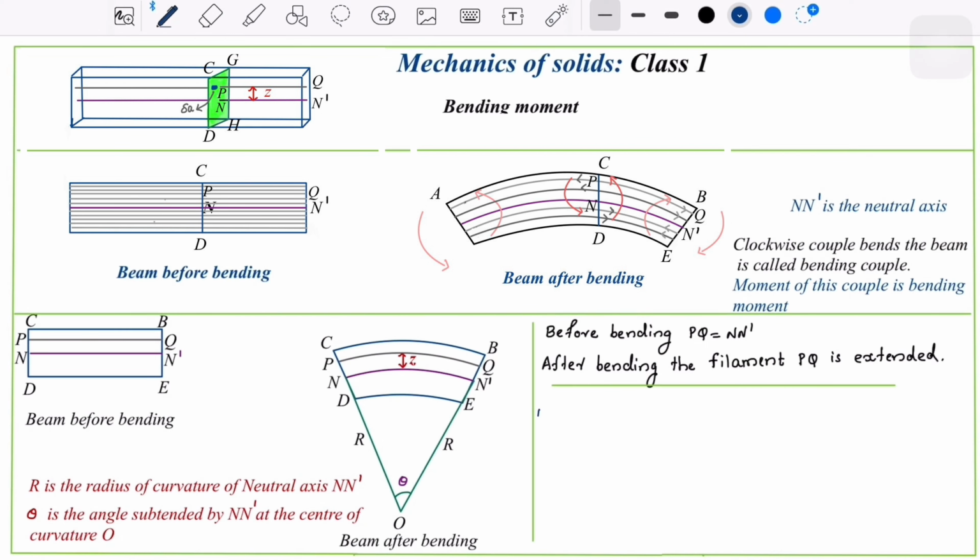Now let us find out how much the filament PQ is extended after bending. The extension of the filament PQ is nothing but PQ minus N dash.